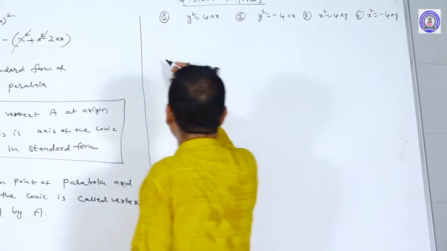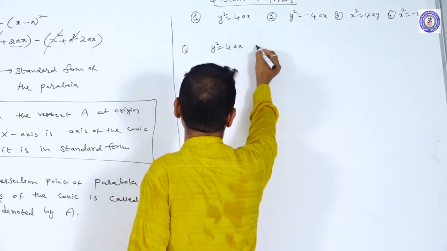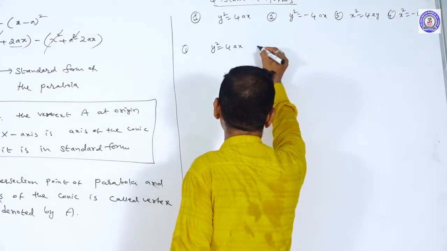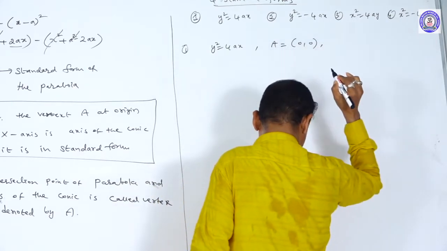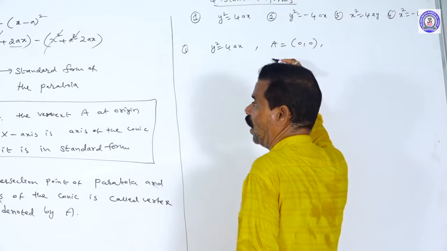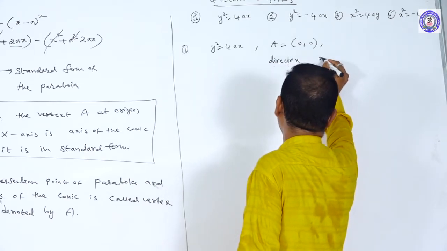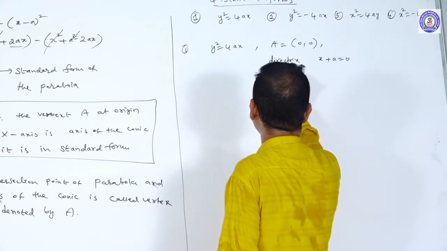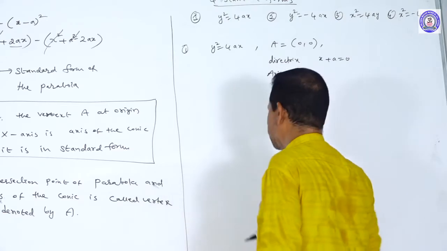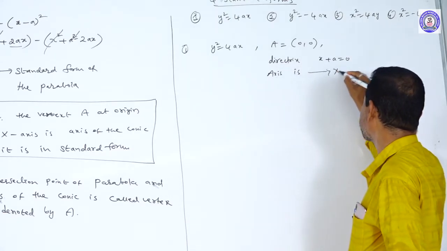So write here, case number 1, y square is equal to 4ax. In this case, the vertex A is 0 comma 0, the directrix is x plus A is equal to 0, and the conic axis is the x axis.